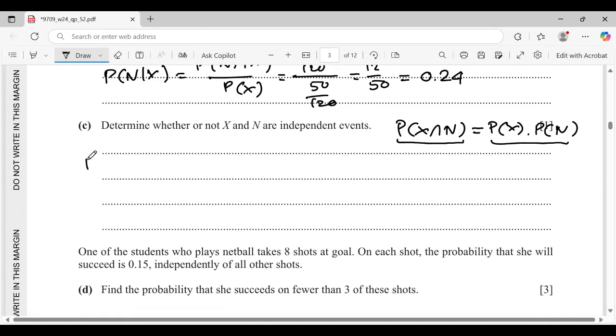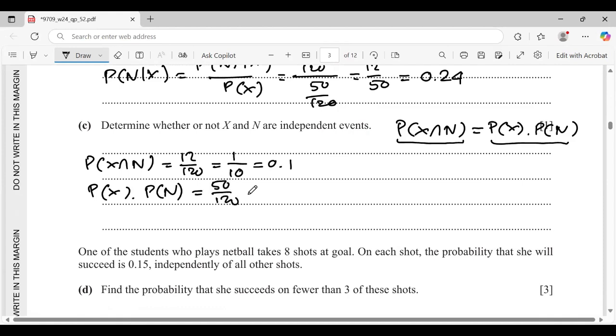First, the probability of X intersection N. It is 12 over 120, so 1 over 10, 0.1. And the probability of X multiplied by the probability of N is 50 over 120 times 40 over 120.